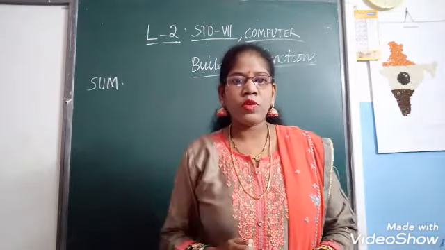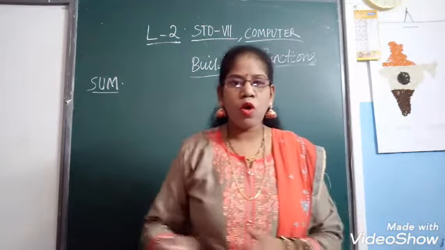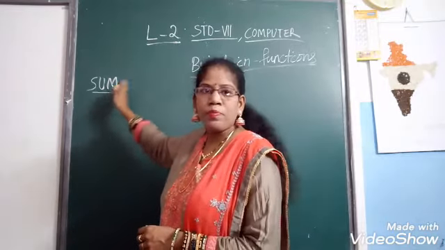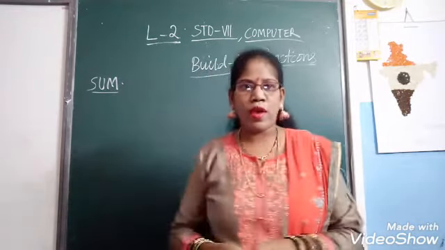But instead of that, if we write sum, it will add the cells A1 up to A5, because it is already a built-in function. It will add the range of the cells. So instead of writing everything at a time, we can just give equal to sum bracket A1 to A5.